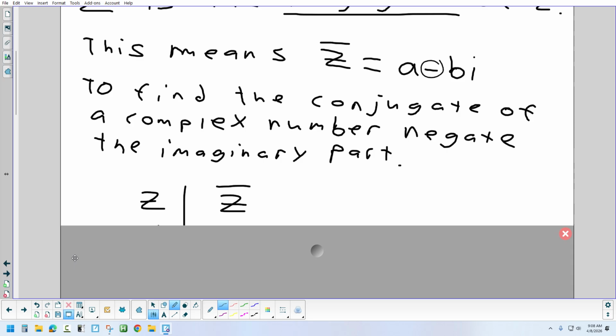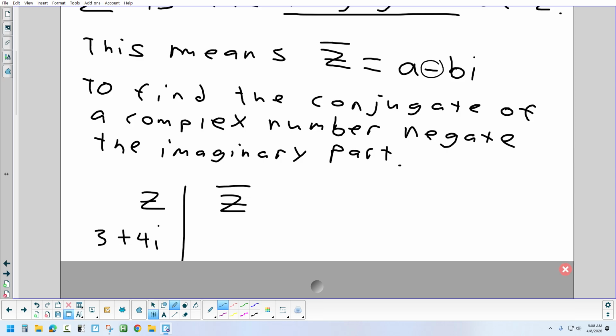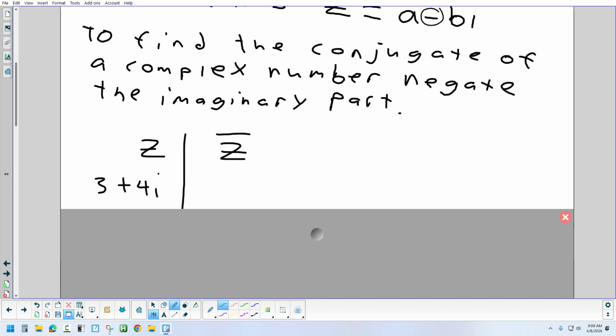Okay, so let's look at a few numbers and see if we can identify the conjugate. And then I'll show you what the conjugate actually is used for. Okay, so here's a complex number, 3 plus 4i. And in this column, I'm asking for the conjugate. What would be the conjugate of 3 plus 4i? 3 minus 4i.